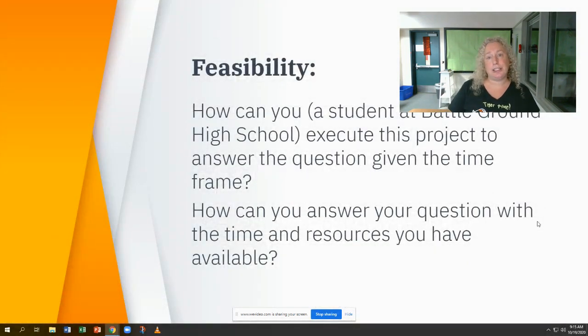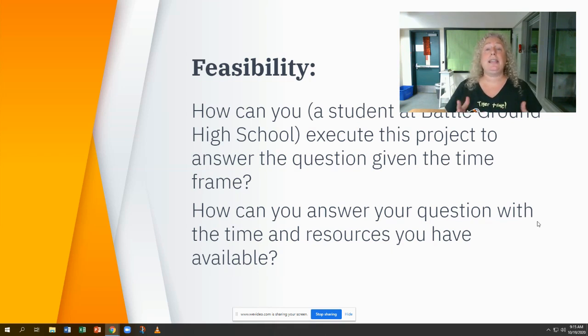Feasibility. This is huge. How can you, a high school student, execute this project to give an answer in the given time frame? In other words, what resources and time can you dedicate to this? Please remember, people who do research for a living spend years on one research question.